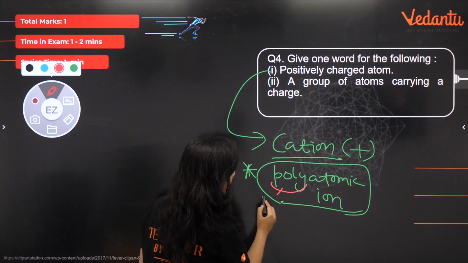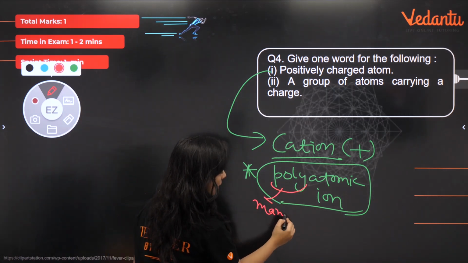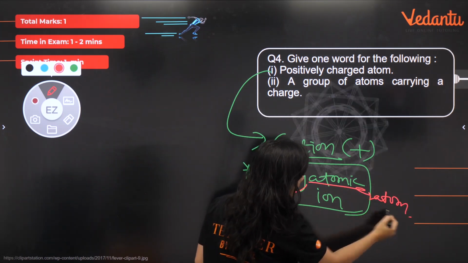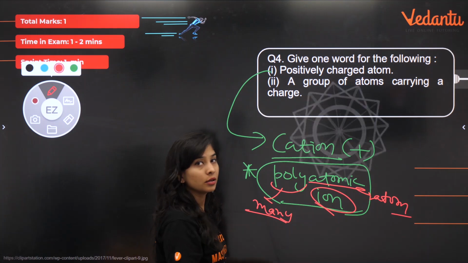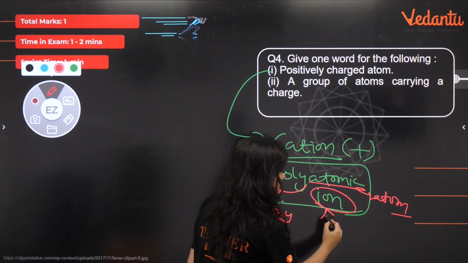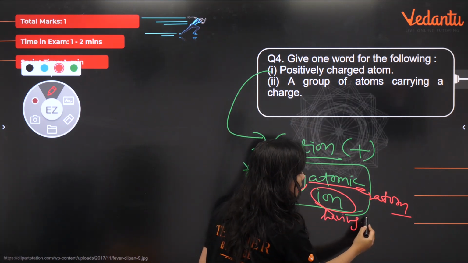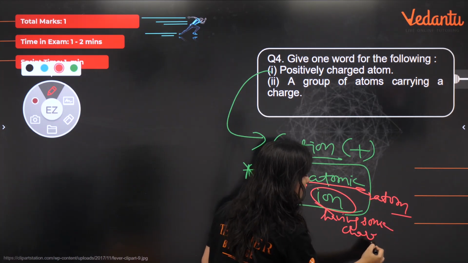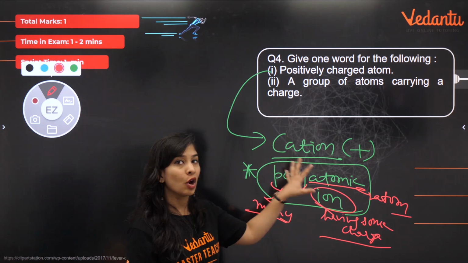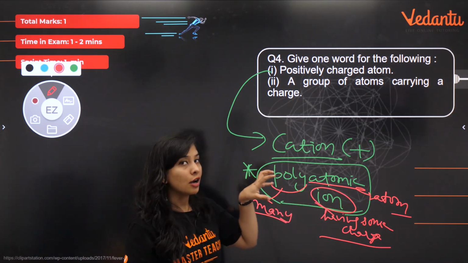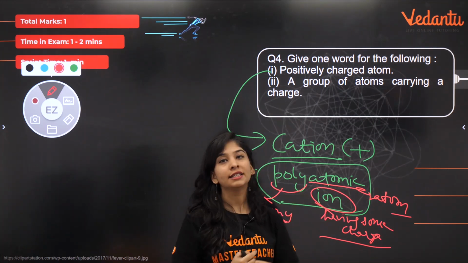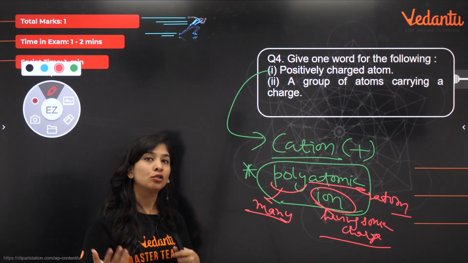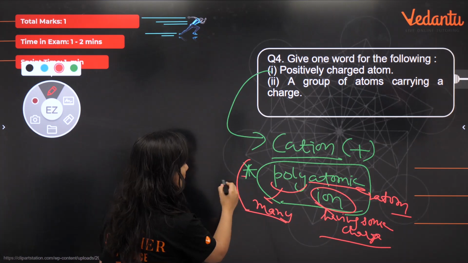Okay, this poly word means many, and atomic means atom, and ion मतलब having some charge, right? So what is polyatomic ion? A group of atom having some charge is known as polyatomic ion. That could be positive, that could be negative.